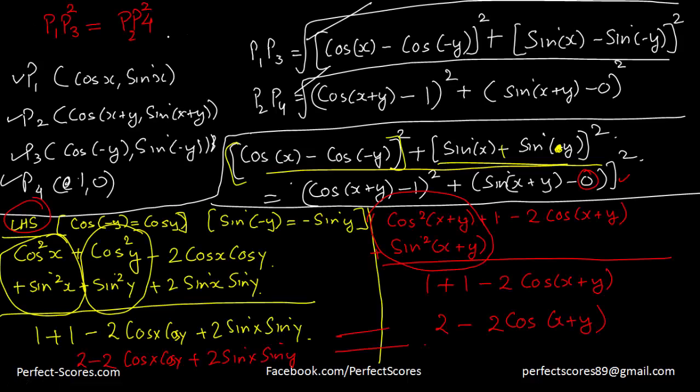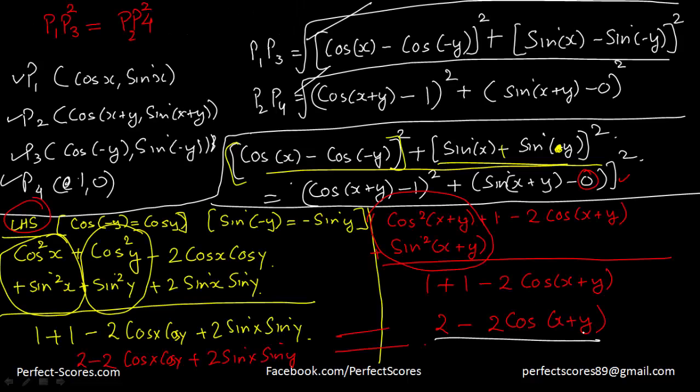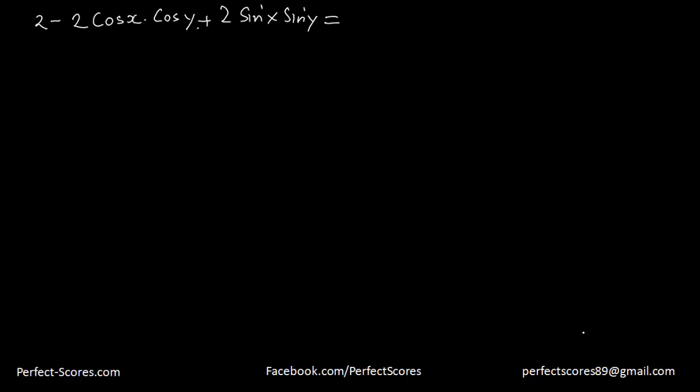That is 2 minus 2 cos of x into cos of y, plus 2 times sine of x and sine of y, which is actually equal to this expression here, 2 minus 2 cos of x plus y.